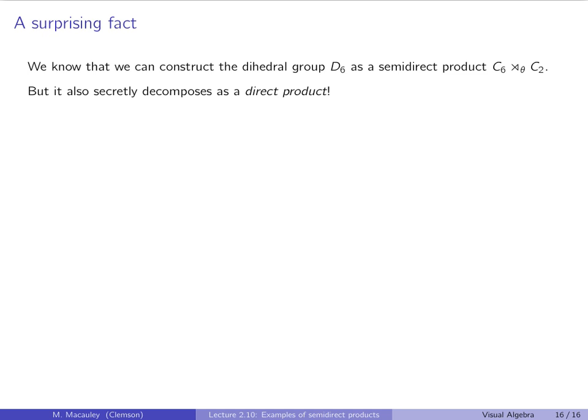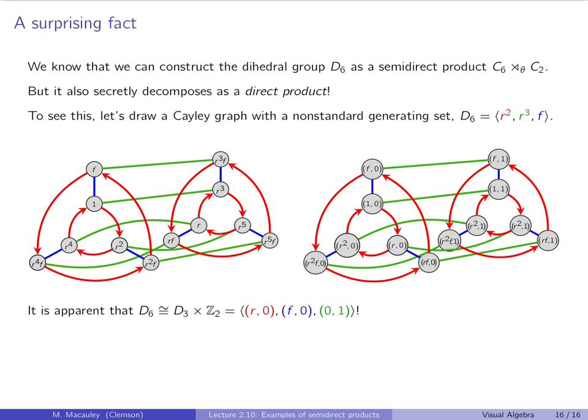Well, one of them is the dihedral group. To see this, let's draw a Cayley graph with a non-standard generating set. So I'll say D6 is generated by R squared, R cubed, and F.